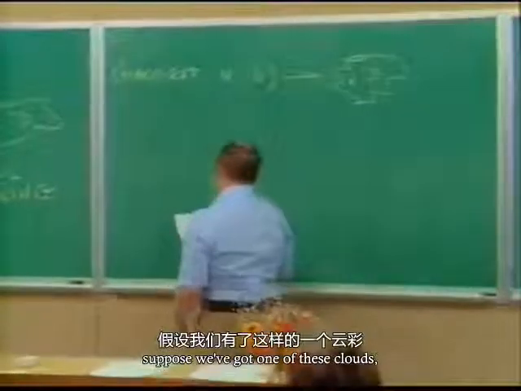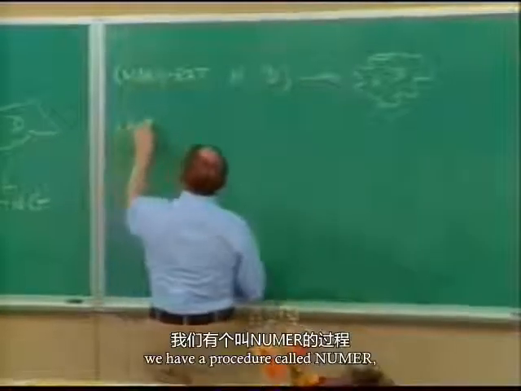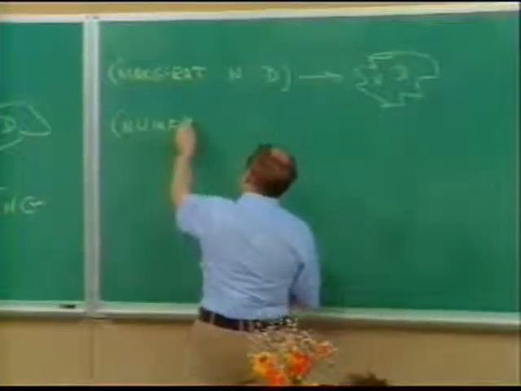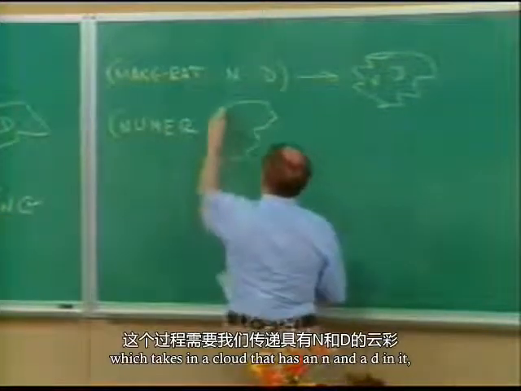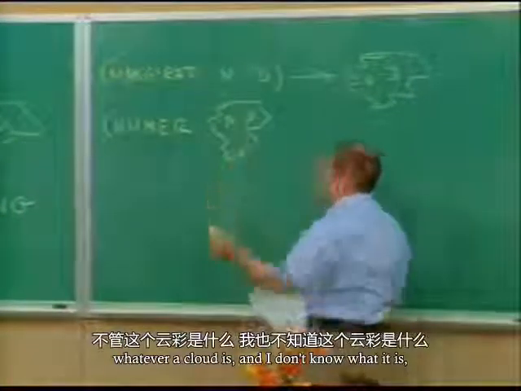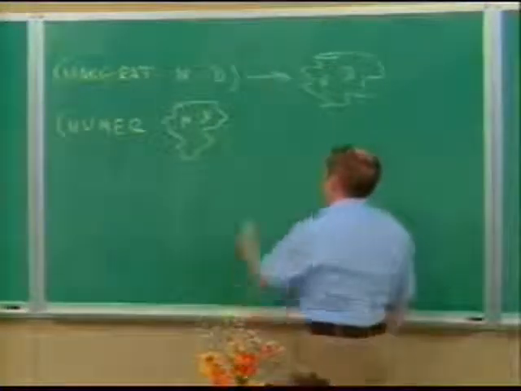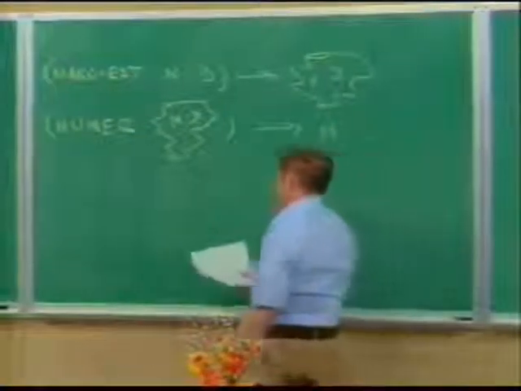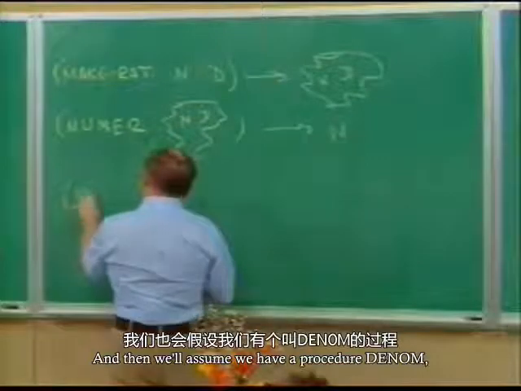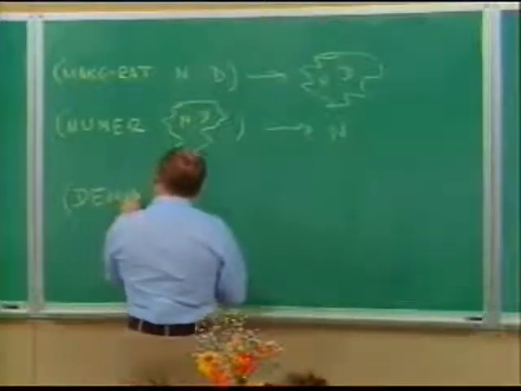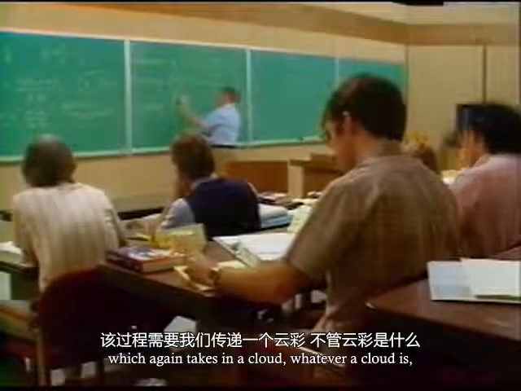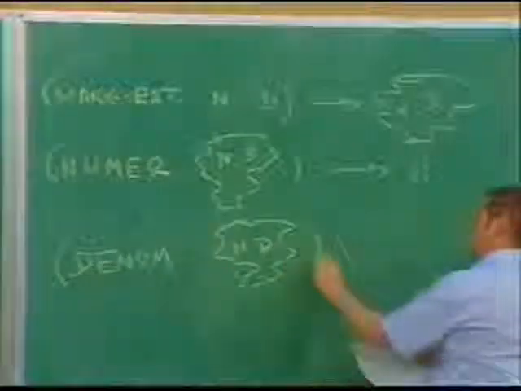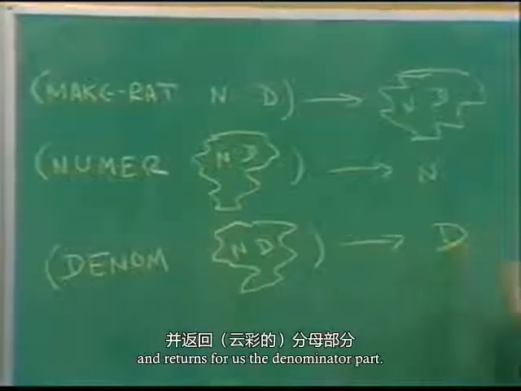And then suppose we've got one of these clouds. We have a procedure called numer, which takes in a cloud that has an n and a d in it, whatever a cloud is, and I don't know what it is, and returns for us the numerator part. And then we'll assume we have a procedure denom, which again takes in a cloud and returns for us the denominator part.